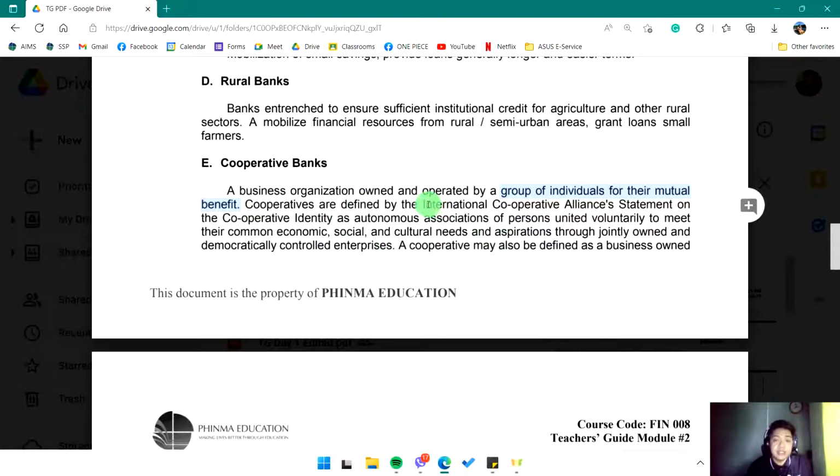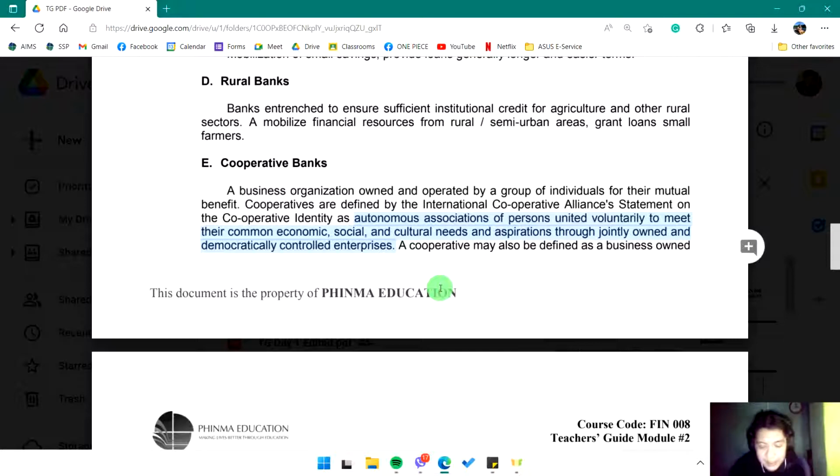defined by the International Cooperative Alliance statement as an autonomous association of persons united voluntarily to meet their common economic, social, and cultural needs and aspirations through jointly owned and democratically controlled enterprises. Ibig sabihin po nito, ewan ko kung may nakaka-experience sa inyo ng mga co-op, no?